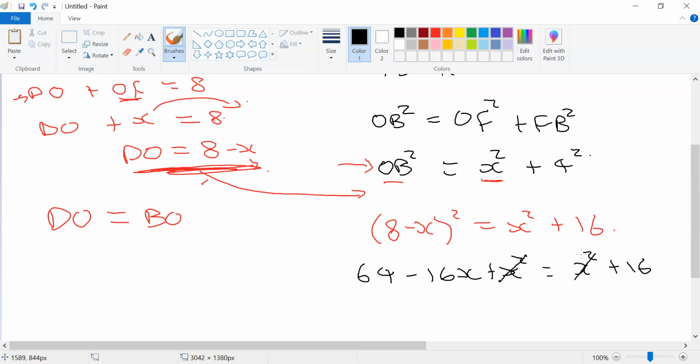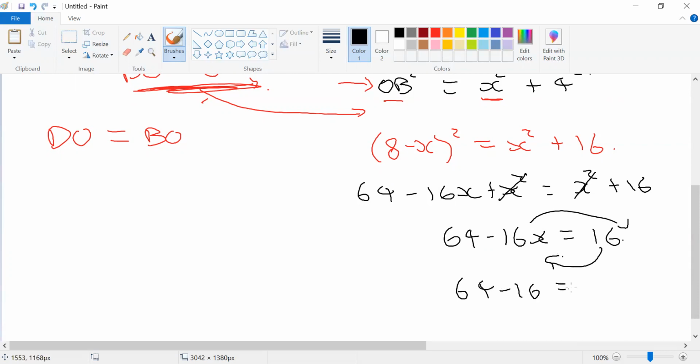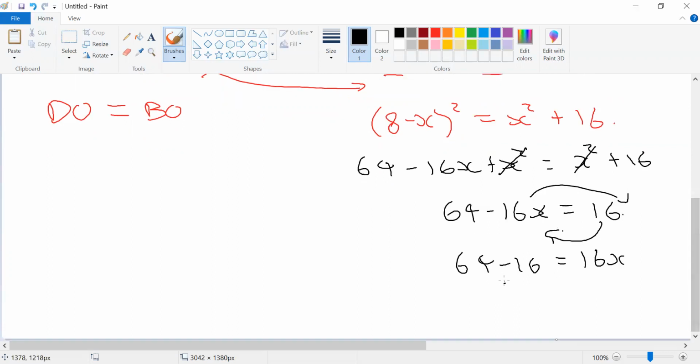And this x squared and x squared will cancel, like it did in the previous year's paper that we did, which was similar to this. And 64 minus 16x is equal to 16. And then if we take this across here and this across here, what we're going to have is 64 minus 16 is equal to 16x. And 64 minus 16 is 48 is equal to 16x. And then x is equal to 3.